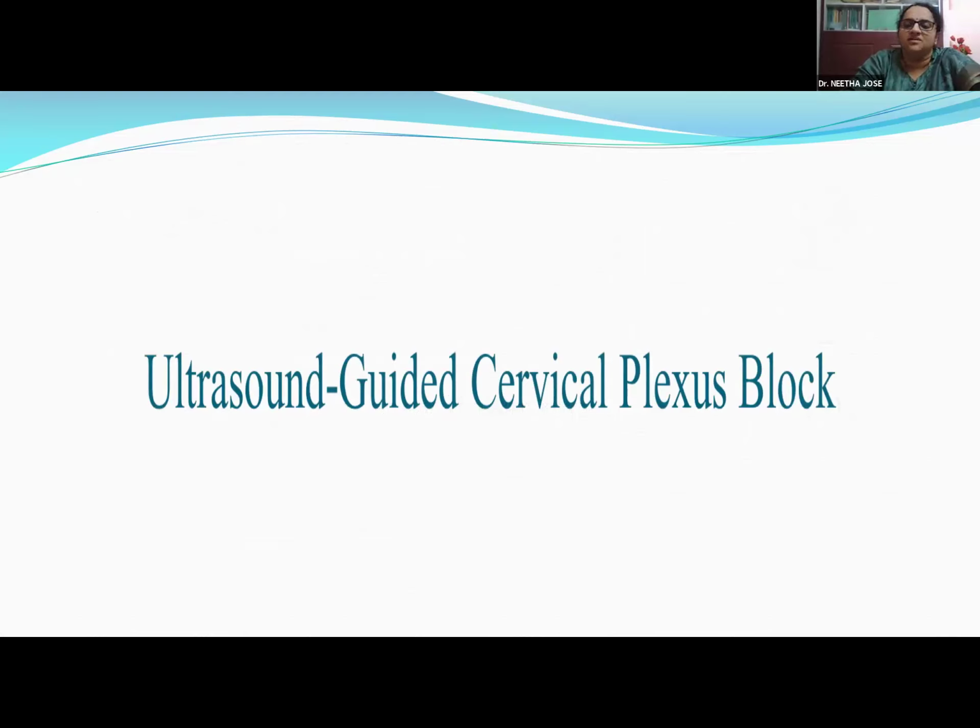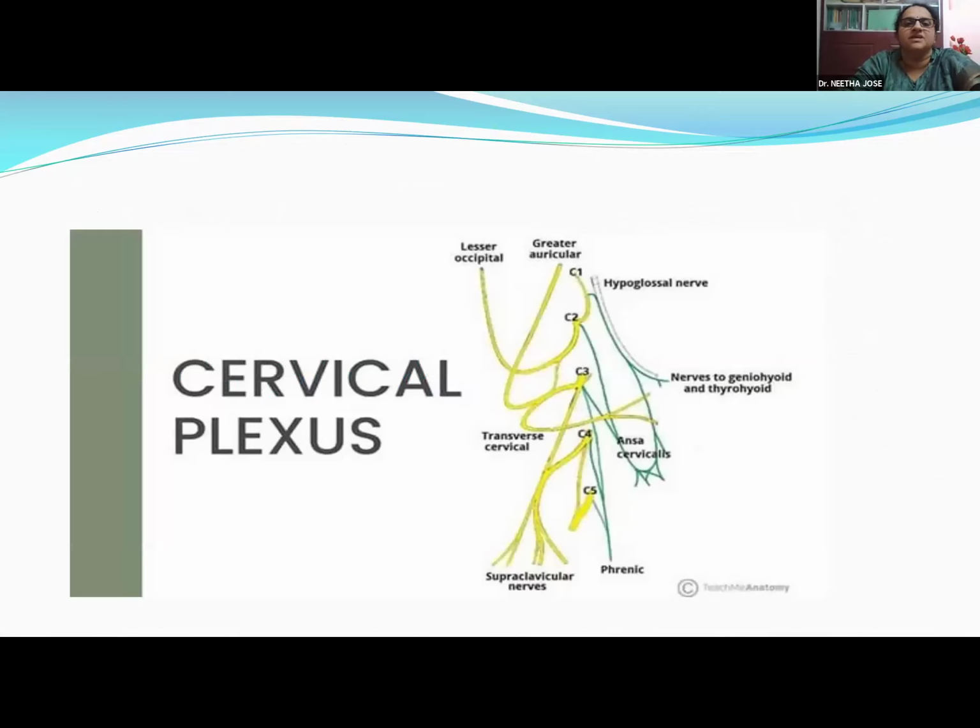Before doing any block, you should know about the anatomy of that area. So first a few sentences about the cervical plexus anatomy. The superficial cervical plexus arises from the anterior rami of C2 to C4, and it gives rise to 4 cutaneous nerves: the lesser occipital, greater auricular, transverse cervical, and supraclavicular nerves.